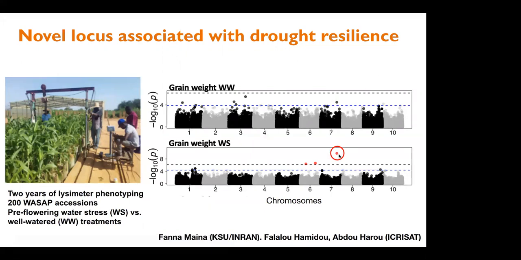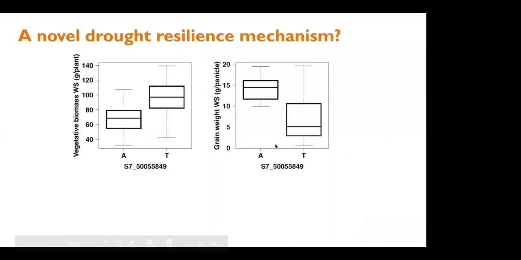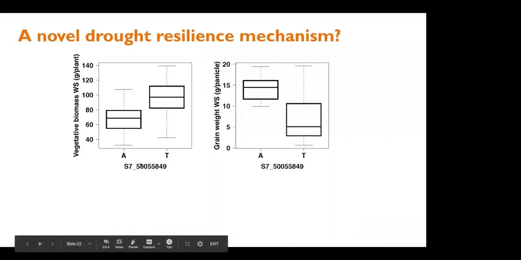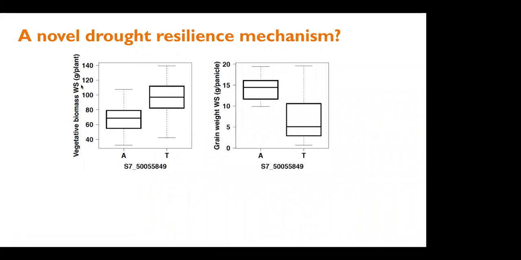You see this peak in the genome-wide association study is particularly pronounced under water stress. It's also there to some extent under well-watered. What she noticed was that this SNP is associated with reduced vegetative biomass under water stress and increased grain weight under water stress.